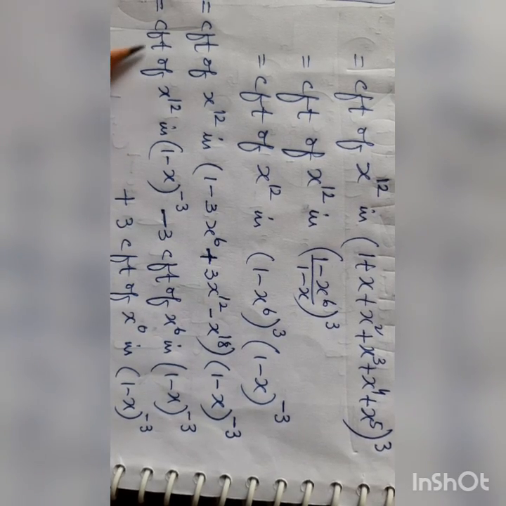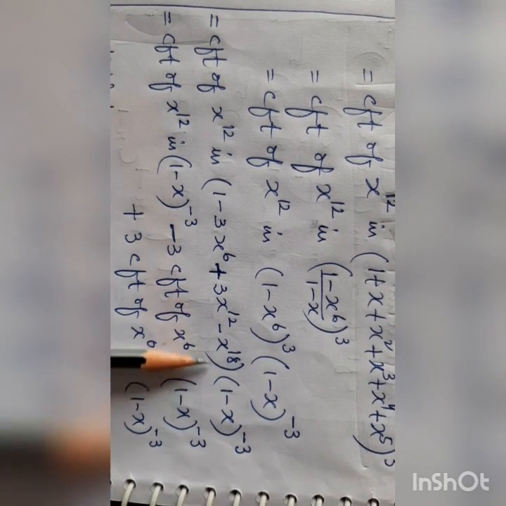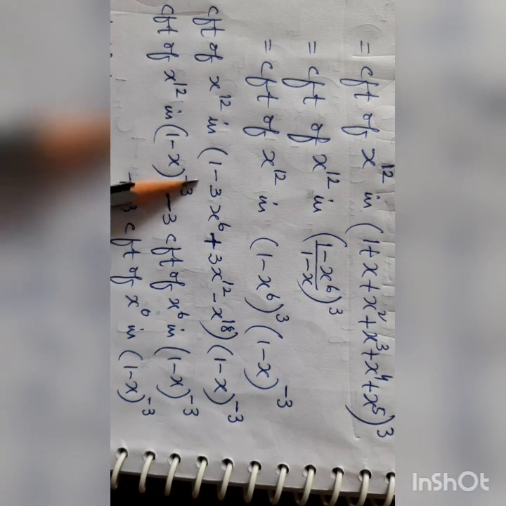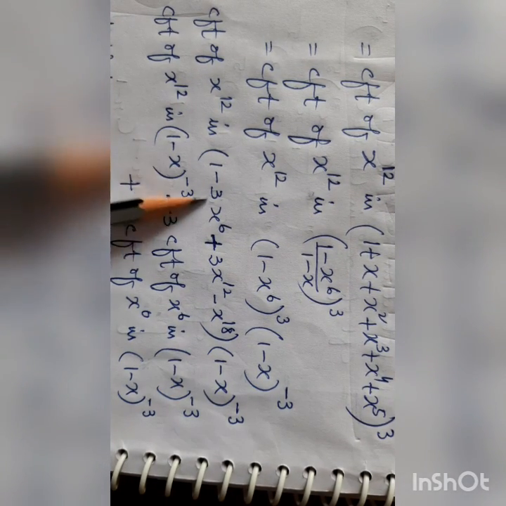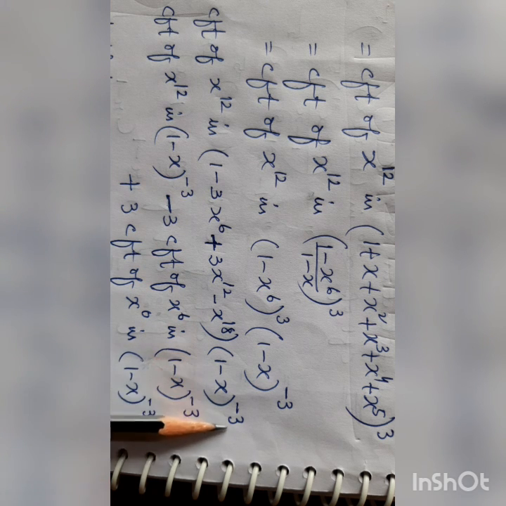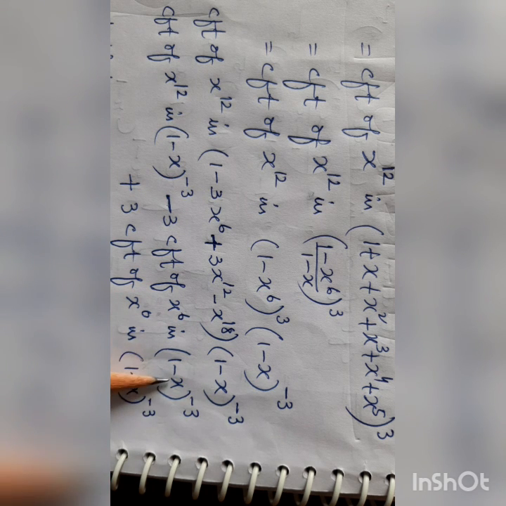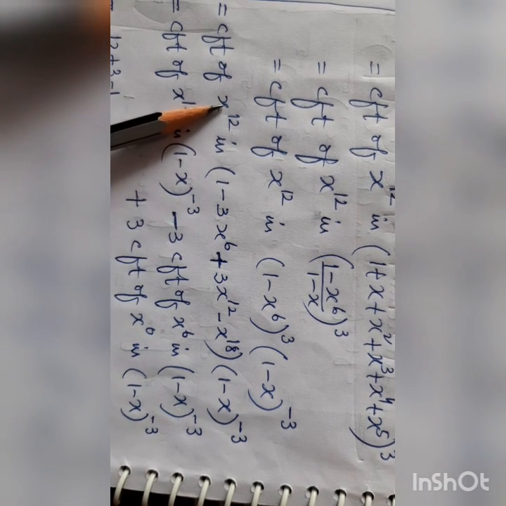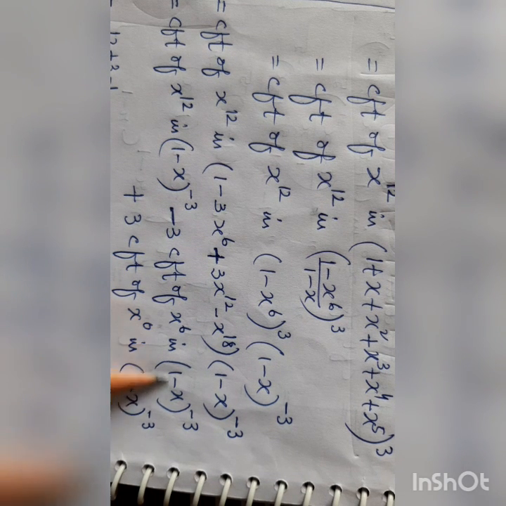Now, coefficient of x power 12 in 1 minus x power minus 3 into 1, this one. Minus 3 into 1 minus x power minus 3, this one. But here what is there? x power 6 is there. What is this? x power 12. So 12 minus 6, x power 6 coefficient.